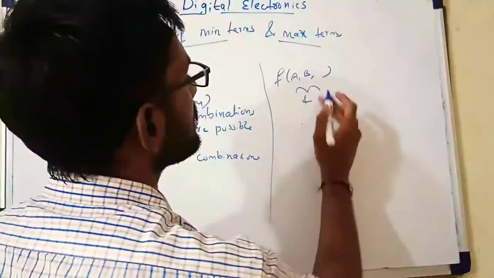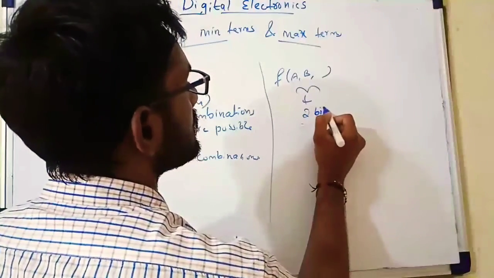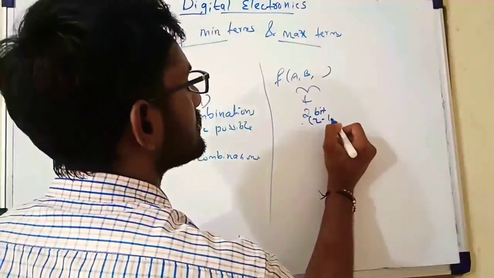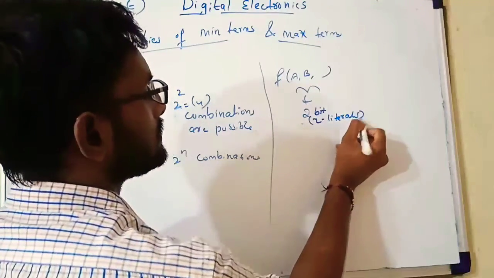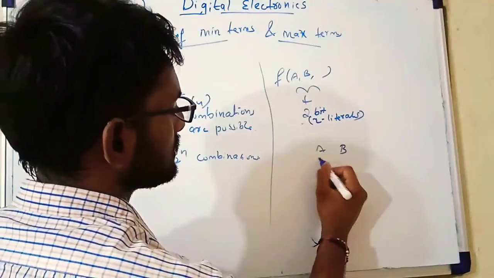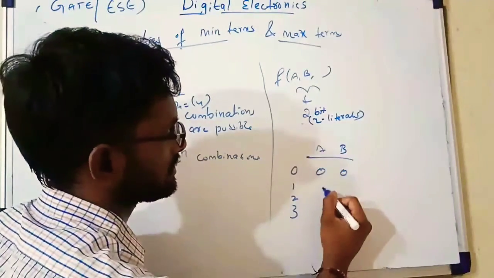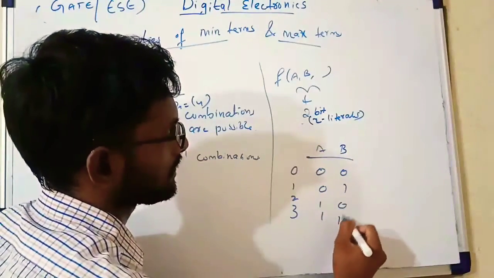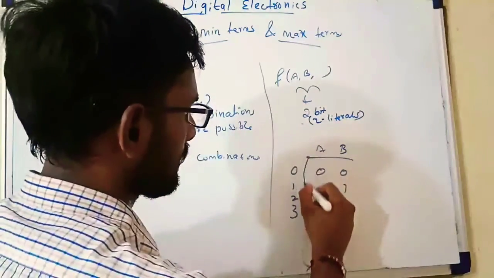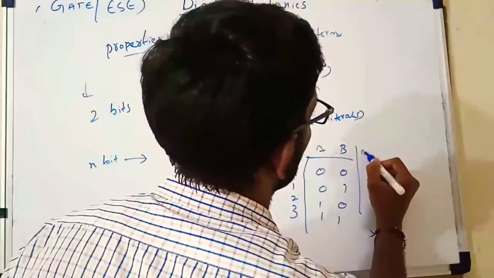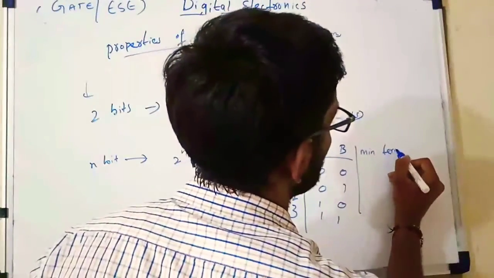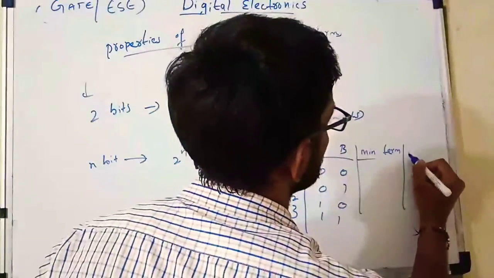Here I am considering only the 2 bit, which is 2 literals. Here this is a b. The values are 0, 1, 2, 3. Combinations are 0 0, 0 1, 1 0, 1 1. Here I am taking this minterm, and here this is maxterm.